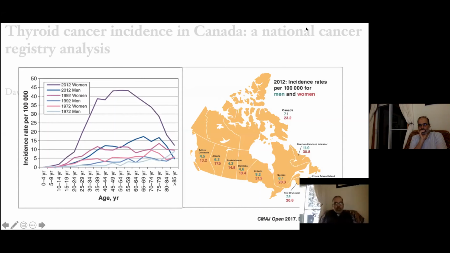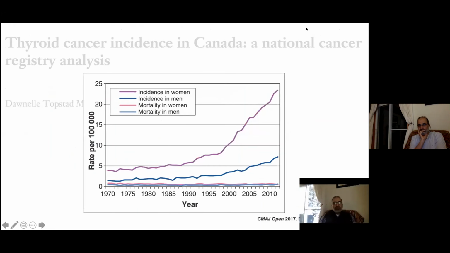However, it has definitely risen more prominently in young women. So what we do see now is that there has been a significant increase in the incidence of thyroid cancer in young women, shown here by this purple line, and also in men, whereas there hasn't been any change in mortality over the last few decades.